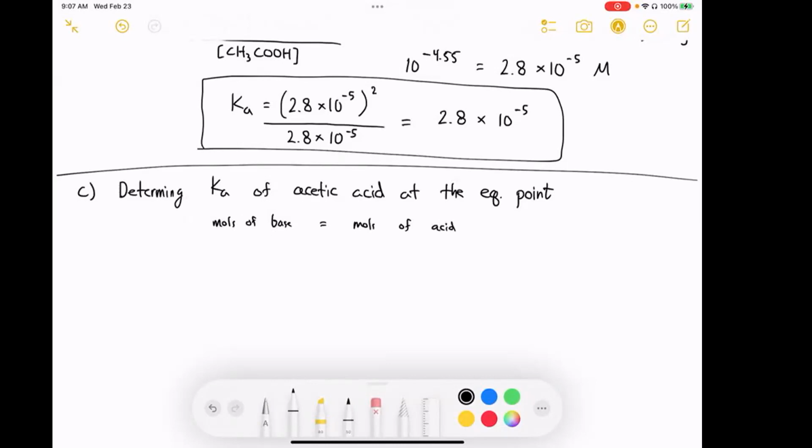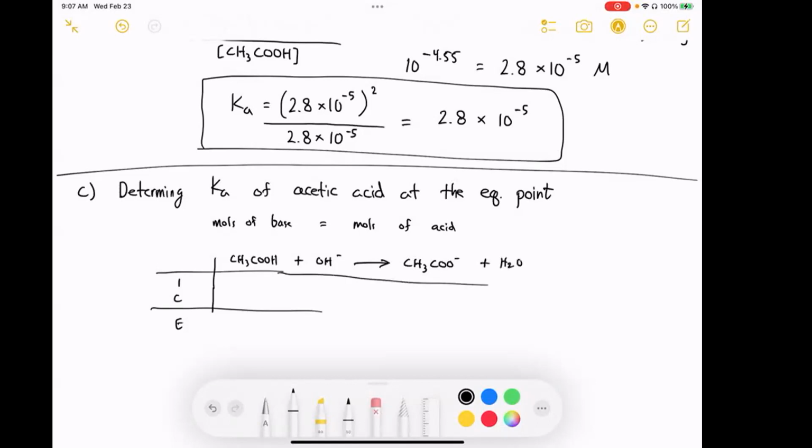So for example, in our ice table here, we know initially we started with 0.05 moles. So 0.05 molar, right?